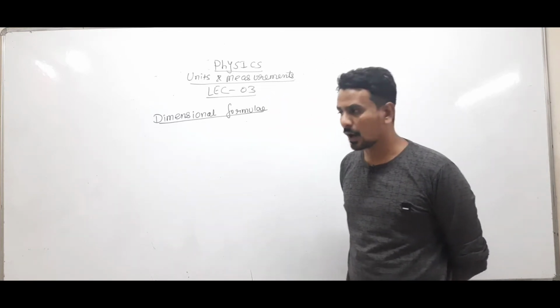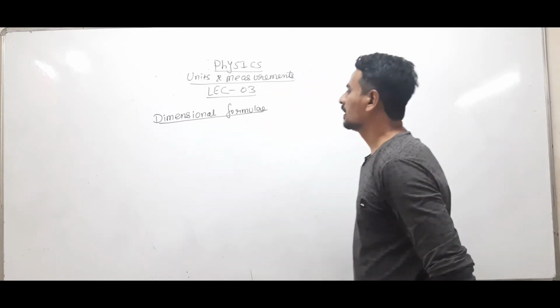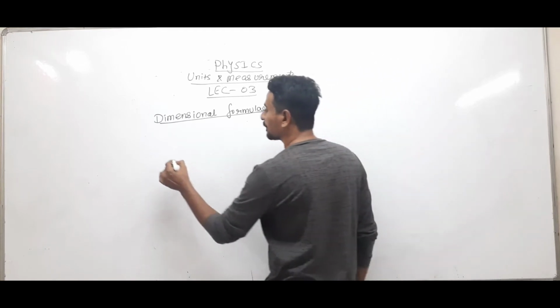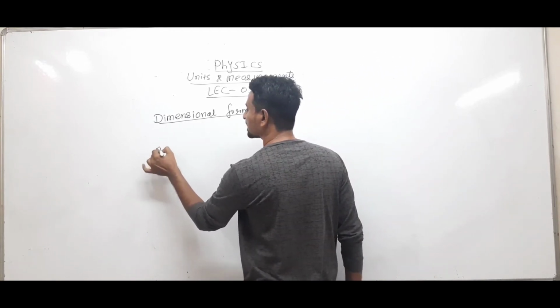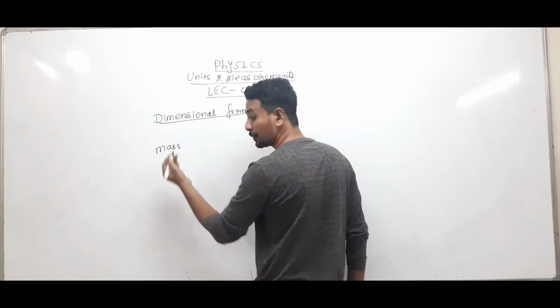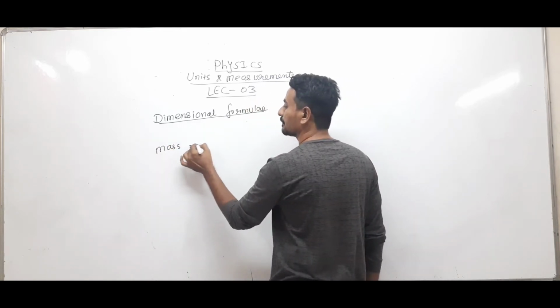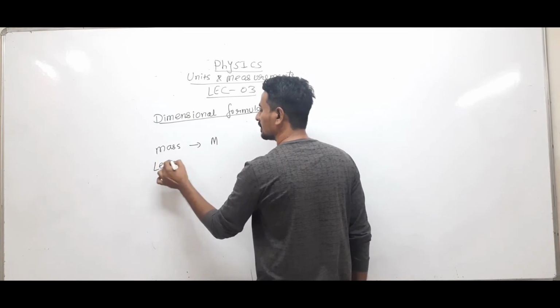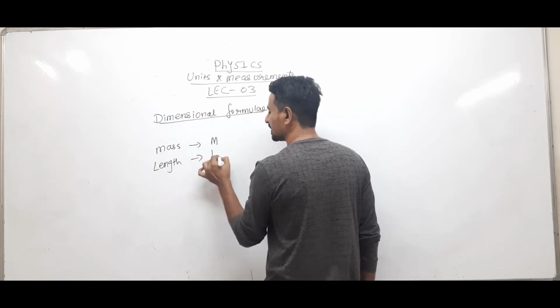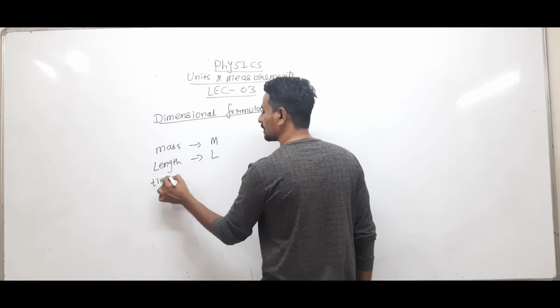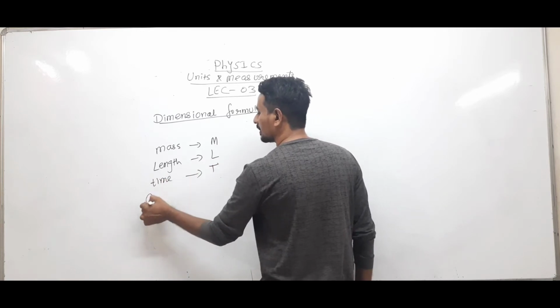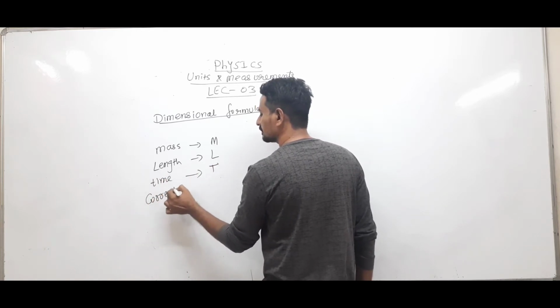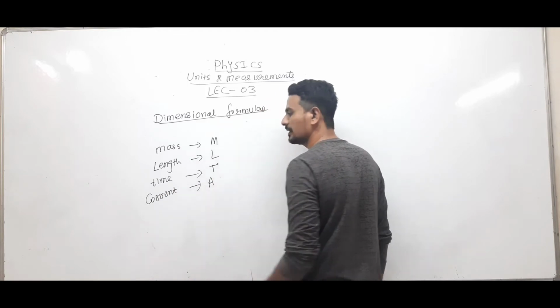Now whenever you are representing a physical quantity by its symbol, mass will be represented by capital M, length by capital L, time by capital T, current by capital A, right?